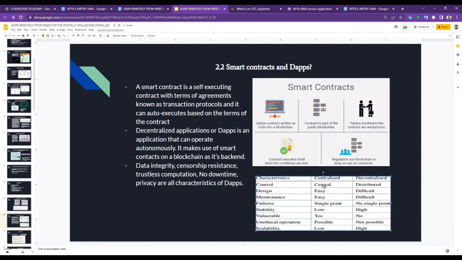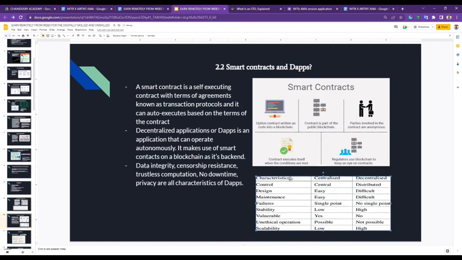Characteristics based on control, design, maintenance, failure, stability, vulnerability, unethical operation, and scalability. All these comparisons help us to determine the differences between a traditional application like Facebook, Snapchat, TikTok, and all those platforms compared to a dApp. A dApp is quite different from all these.